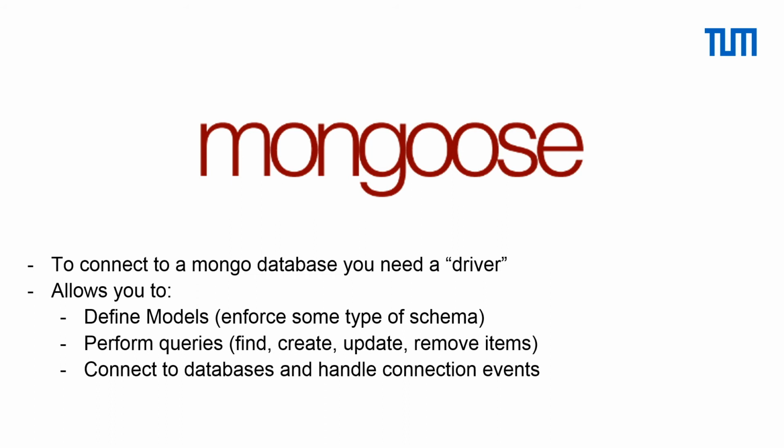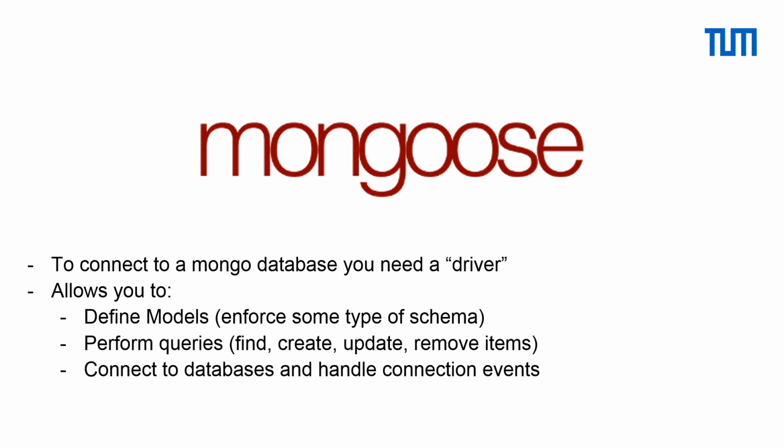Models allow you to enforce some type of schema, which is the thing that we have discussed before. So through Mongoose, you could define that your objects always have to have the same structure, and Mongoose won't accept objects if they're not of the structure that you have defined. The other thing that Mongoose allows you to do is to perform queries. So you can find objects, create objects, update and remove items.